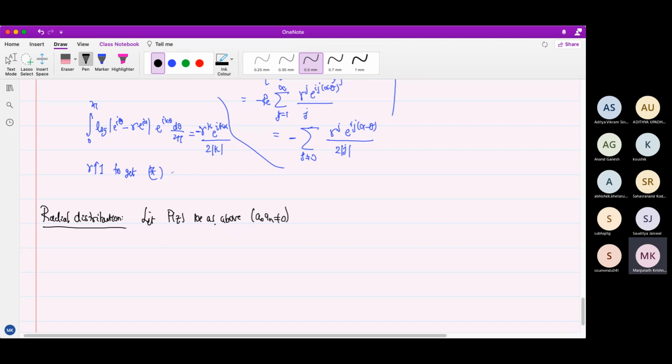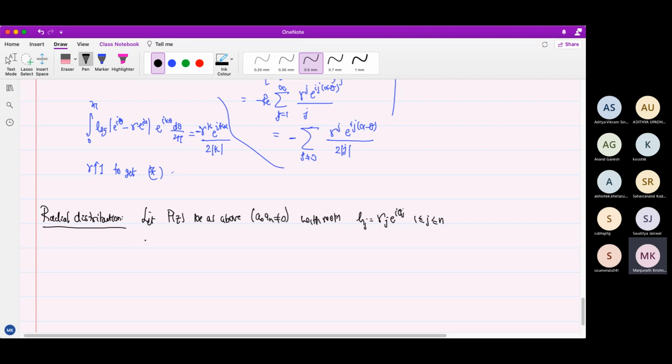So none of the roots is 0. That's one reason why a_0 should be not 0. If roots are 0, you can't talk about the angle. So anyway, with roots zeta_j, which is r_j e to the i theta_j, 1 less than or equal to j less than or equal to n, repeated with multiplicity if needed.